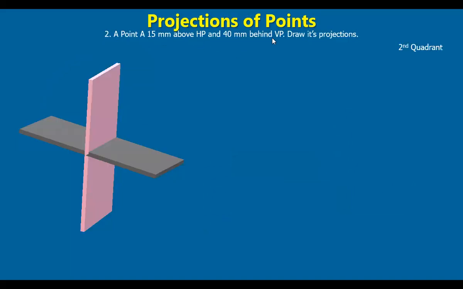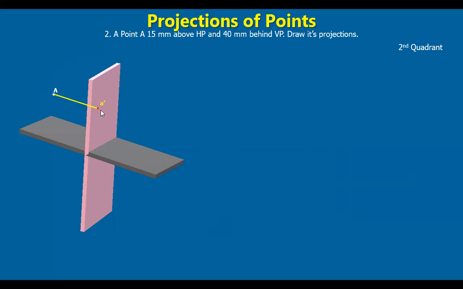Now, let's take another point, say A, 15 mm above HP and 40 mm behind VP. That means it is in the second quadrant. So here it is 15 mm above HP and 40 mm behind VP, vertical plane. So we call this as A. This is the point A. Draw perpendicular lines onto the vertical plane and mark the projection here on the vertical plane.